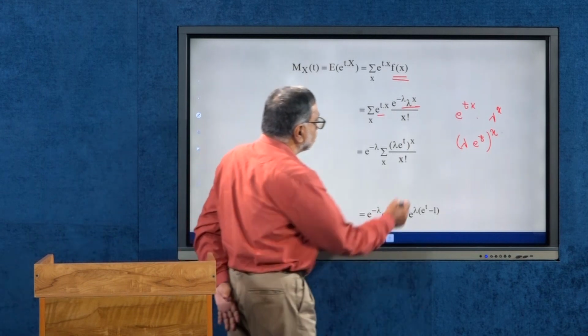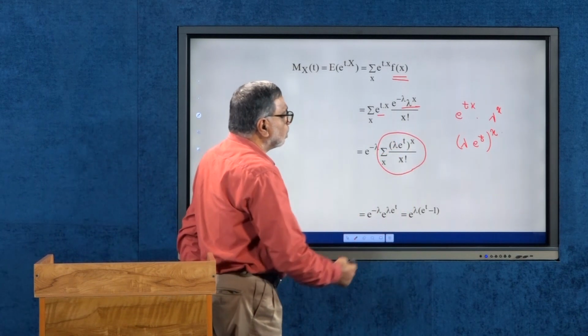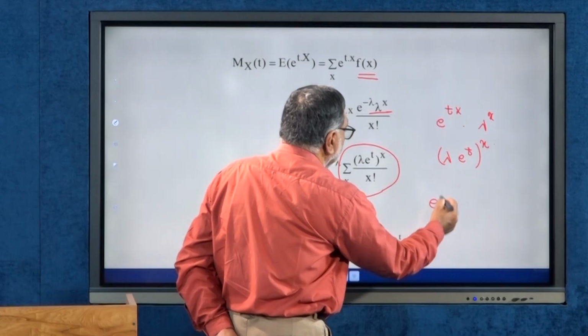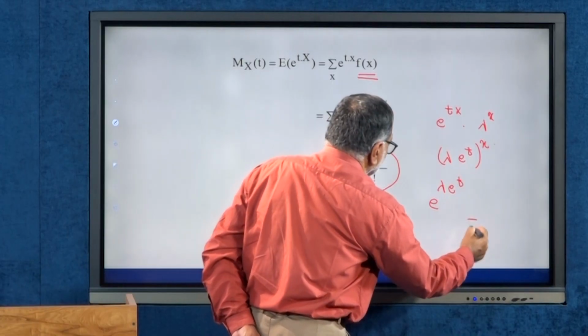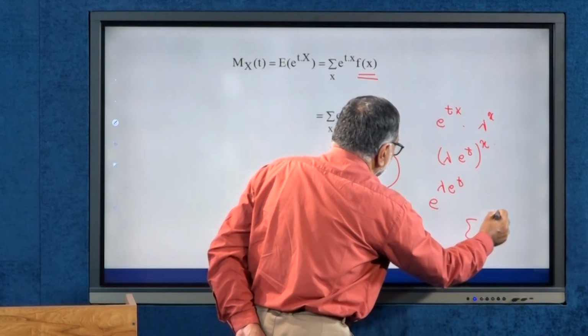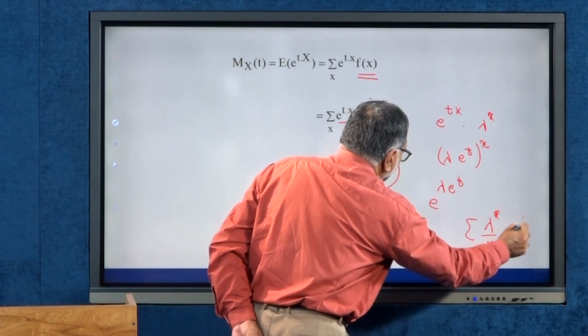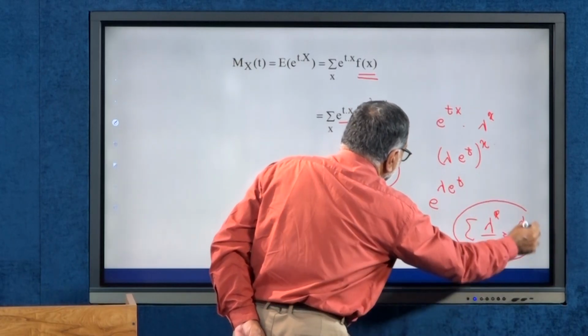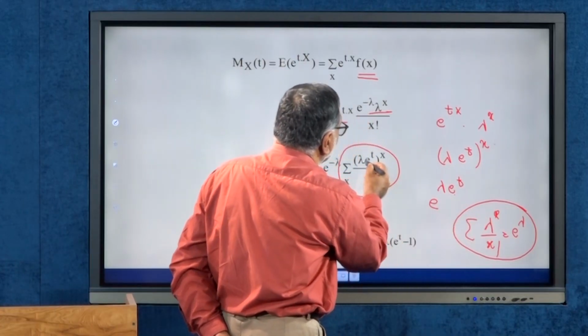Again, this is a known series for us, and the value is equal to e power lambda e power t, because sigma lambda power x divided by x factorial is our e power lambda, and instead of lambda we have lambda e power t.